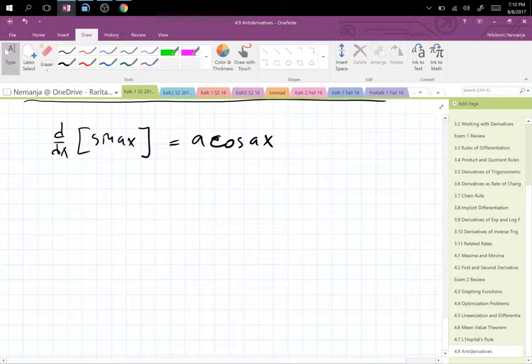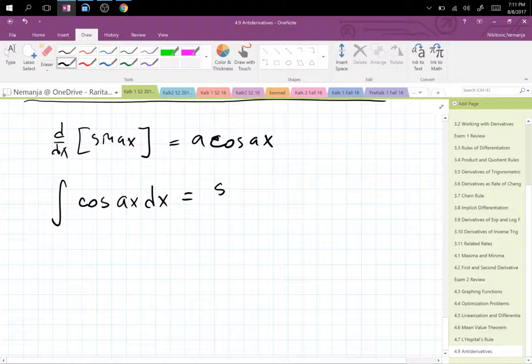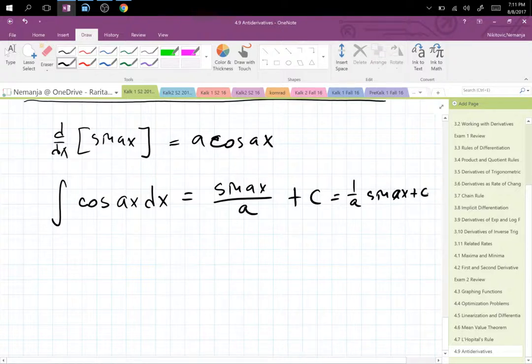So you are going to have the same situation now for integration. Integral of cosine of ax dx is going to be sine ax over a plus c. Sometimes you will find it as 1 over a sine ax plus c, depending on which way the book writes it down.